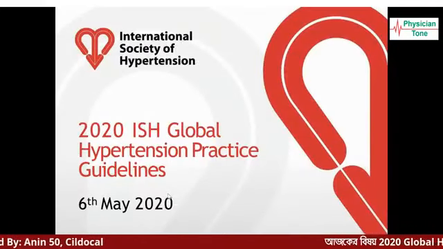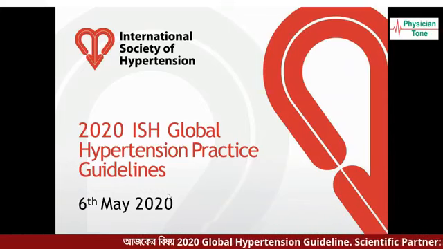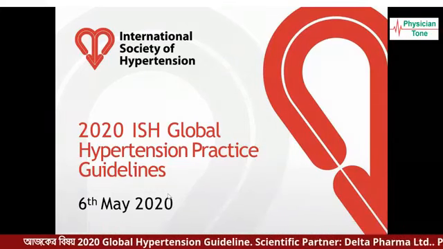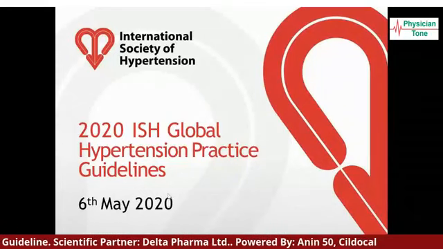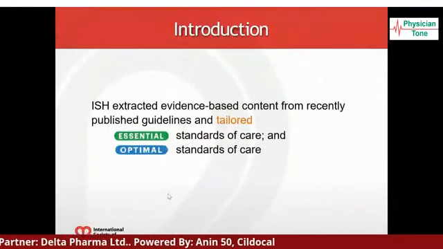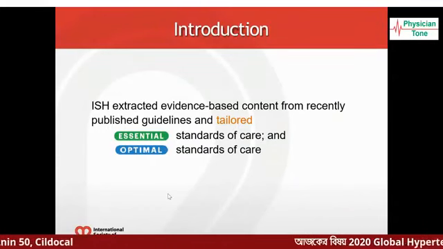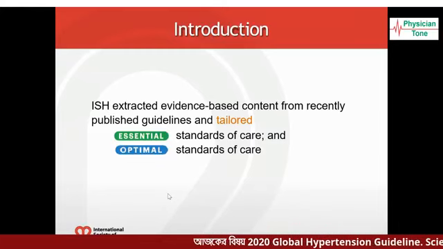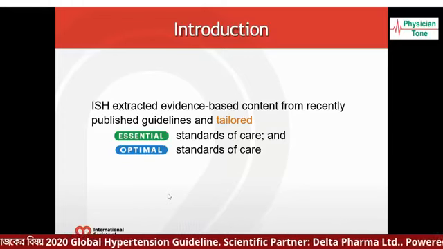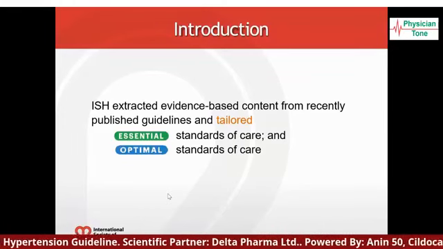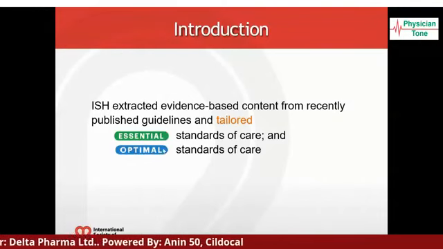That's why, from this perspective, the International Society of Hypertension 2020 guideline has been published for global hypertension practice. What are the basics of this guideline? The International Society of Hypertension extracted evidence-based content from recently published guidelines, and tailored the contents and recommendations.